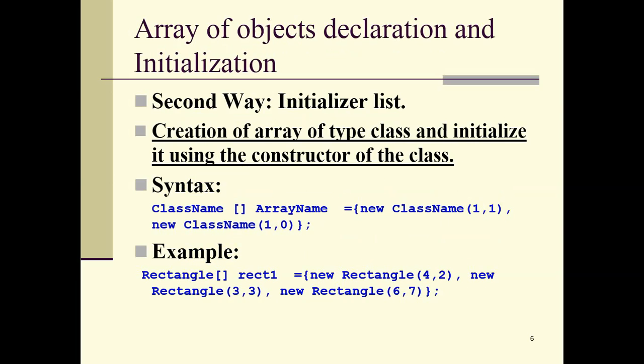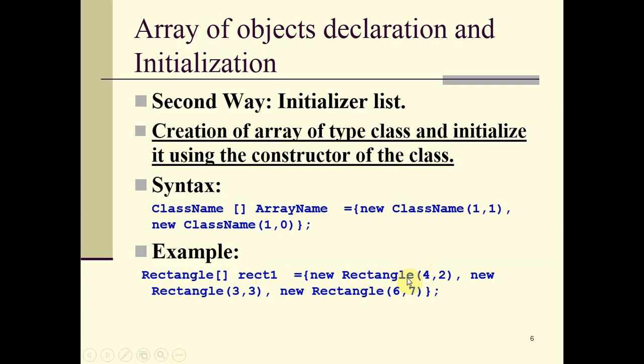A second way is to use the initializer list. Here we have Rectangle, which is the class name, and the square bracket that shows it is an array, and this is the array name. Inside the curly brackets, the first data you put is new Rectangle(4, 2).